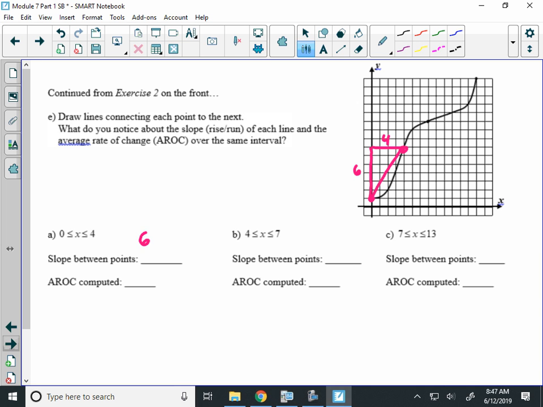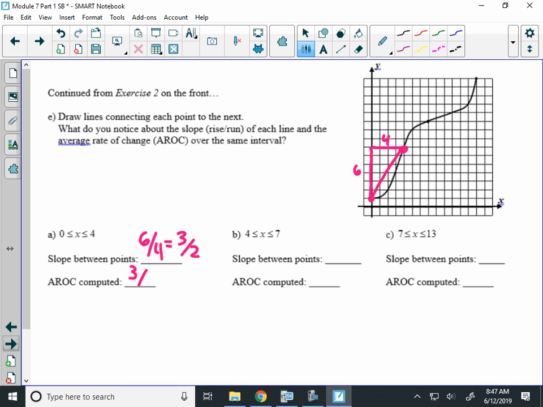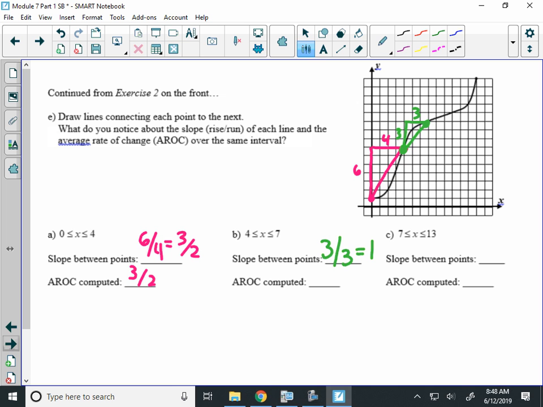And 6 over 4 is equal to 3 over 2, which just happens to be the rate that I found on the front. From 4 to 7, if I draw a line, the slope here looks like I'm going up 3 over 3. And 3 over 3 is 1, which again is what I computed on the front.